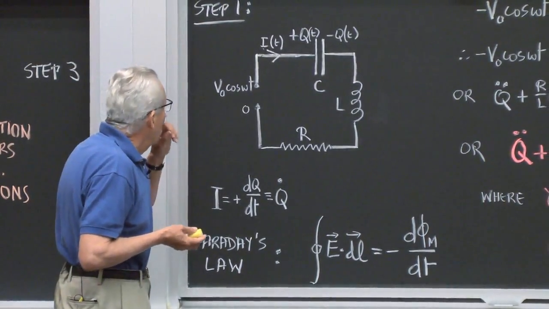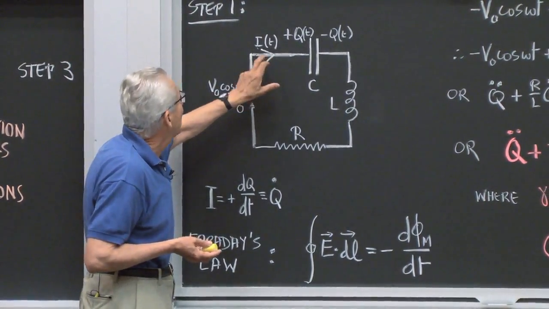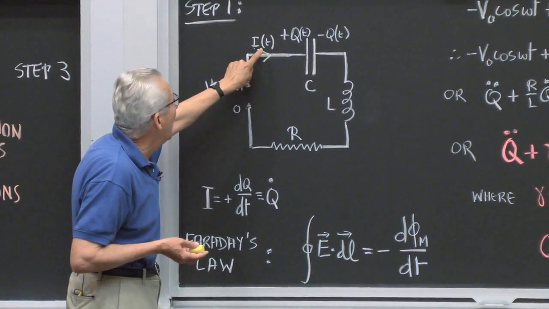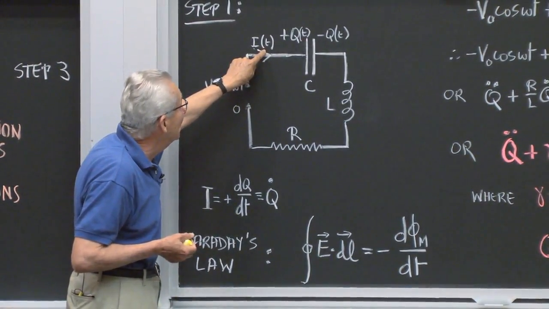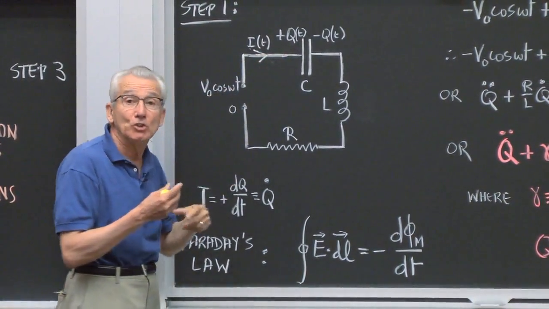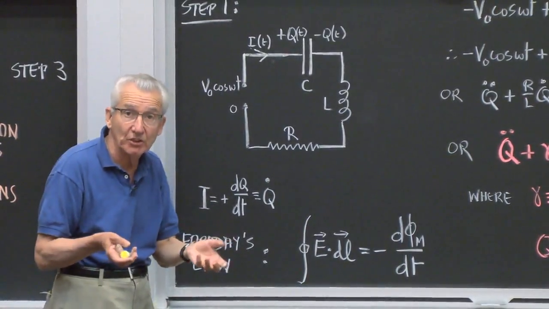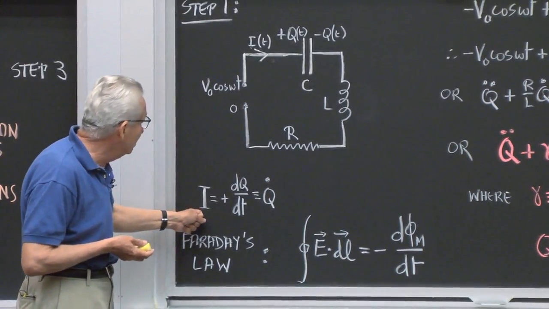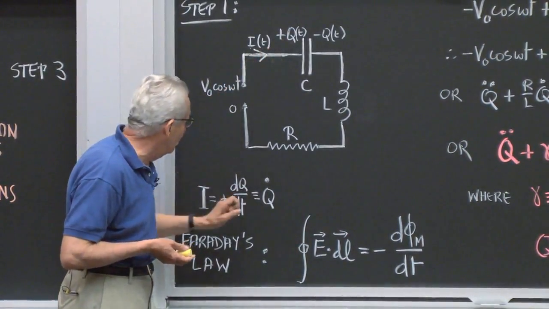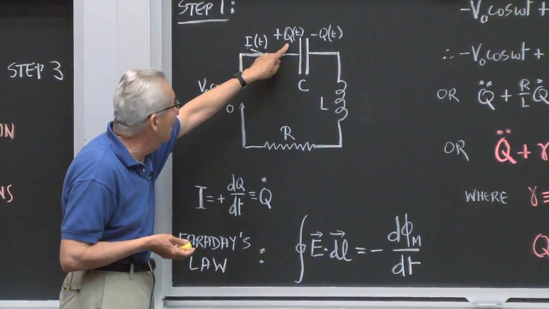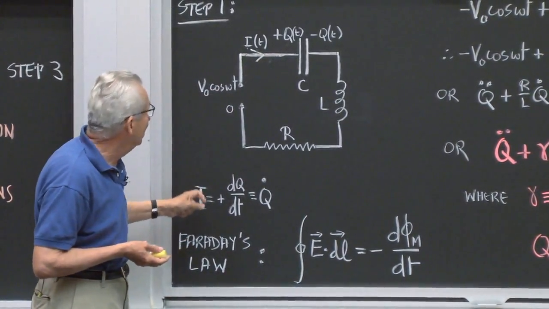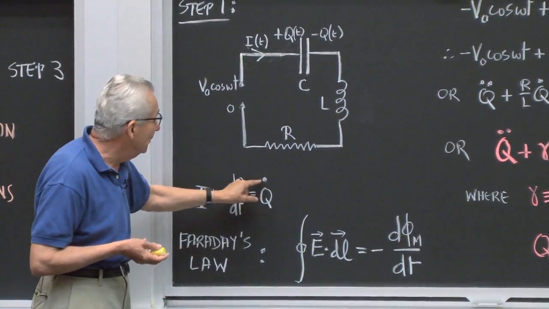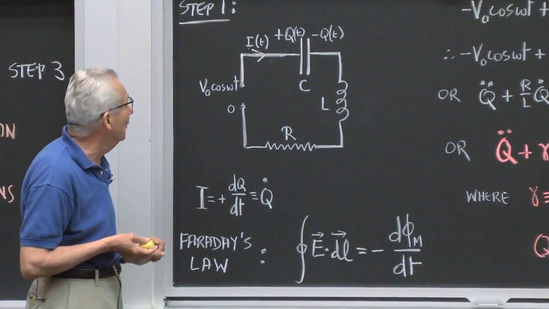One more thing I should add: I is a current flowing here, and by conservation of charge, it's a law of physics that the current at any instant of time will be equal to the rate of change of the charge. So I is, in my language, Q with a dot on top of it.